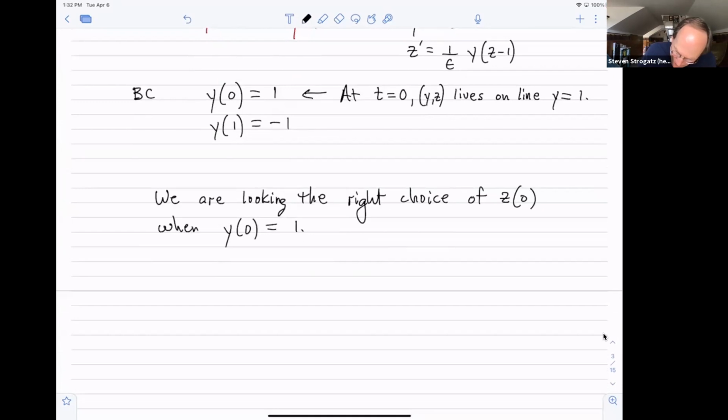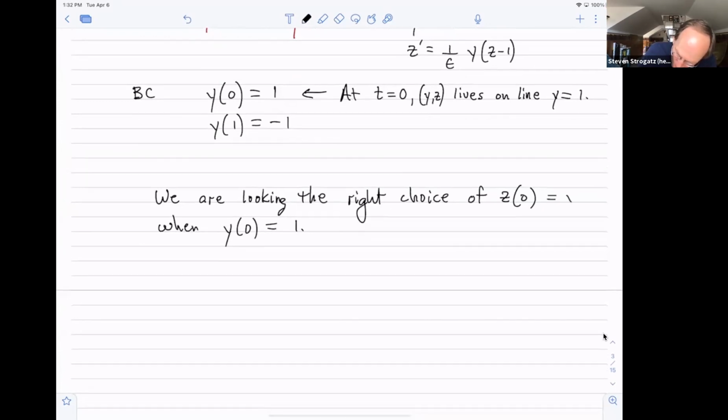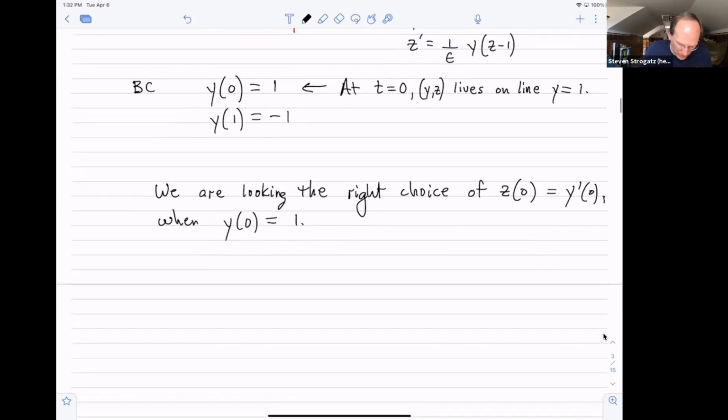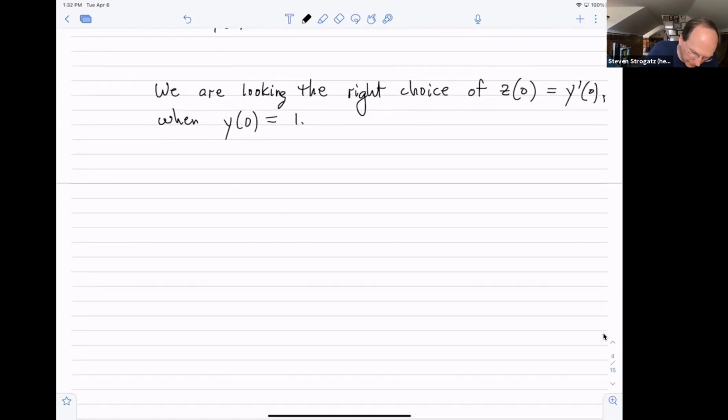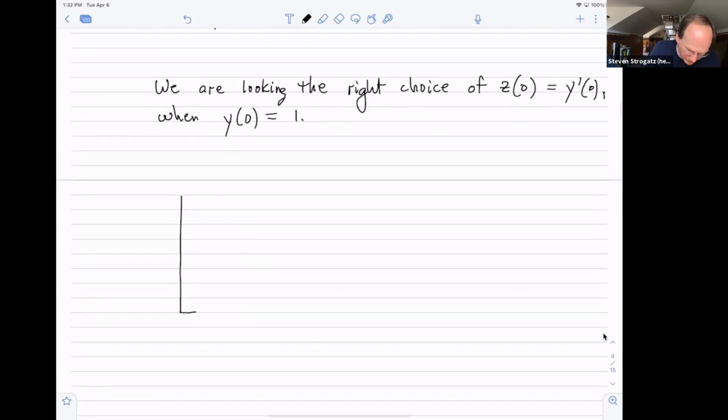Now, by the way, what is z0? In terms of the original problem, z0 means y prime of 0, which is interesting because, taking a more standard point of view, you could think of it this way: if I just think of y as a function of t, and I'm going to start at, let me put down some -2.